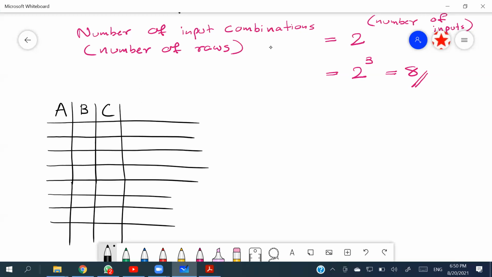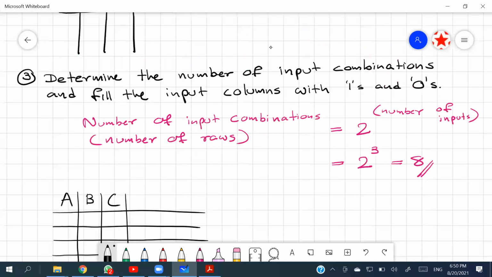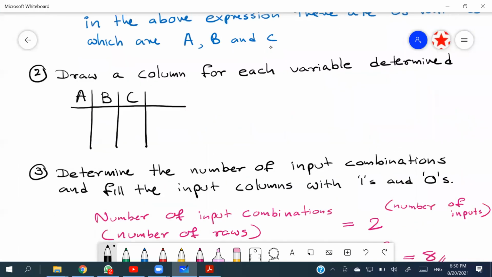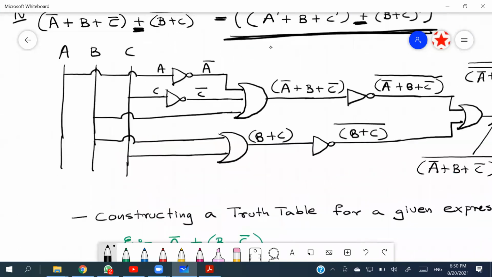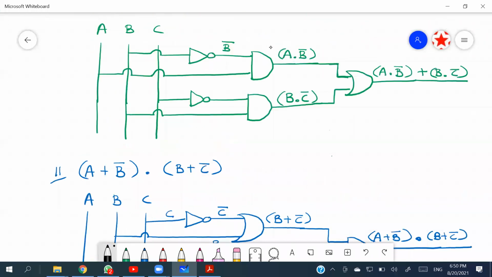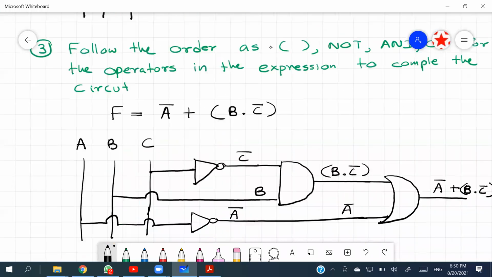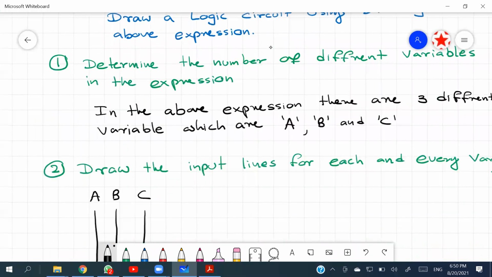Now we have determined how many rows there are, so we have to fill this up. To make this clearer, I'm going to take your attention to the very first discussion that we had.